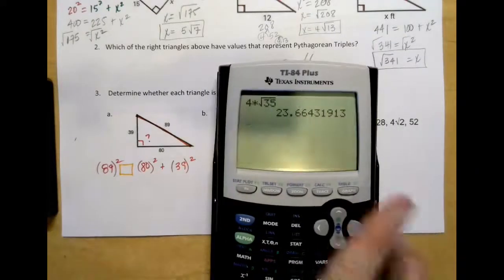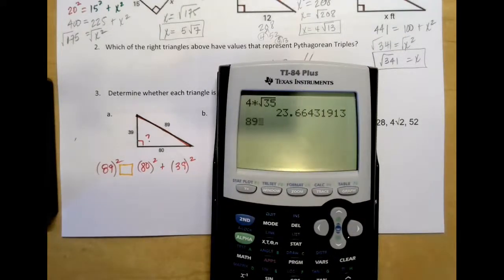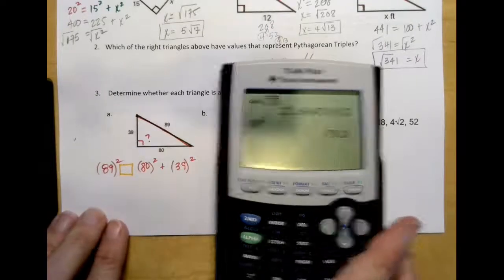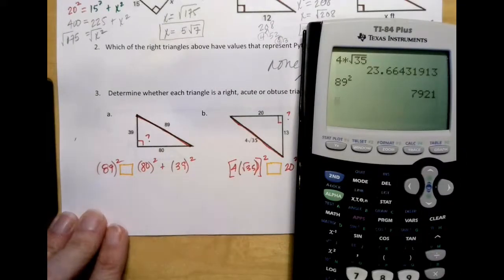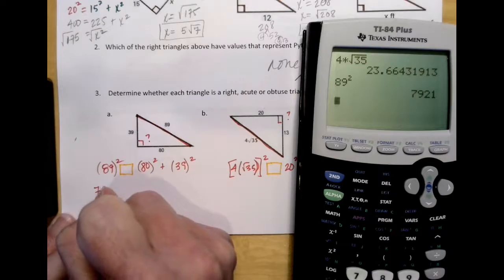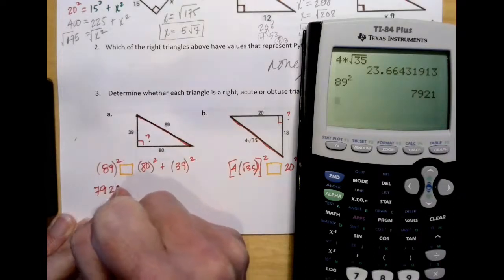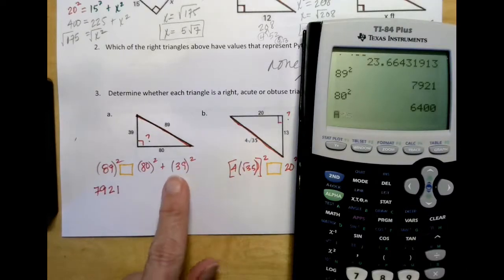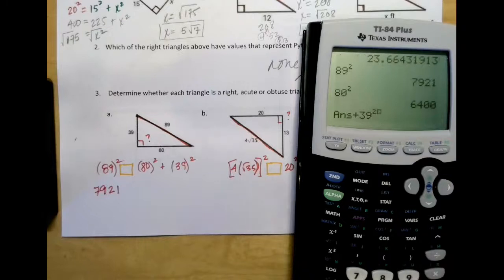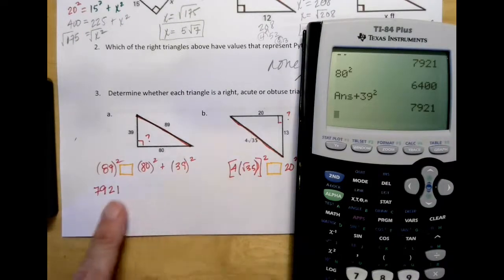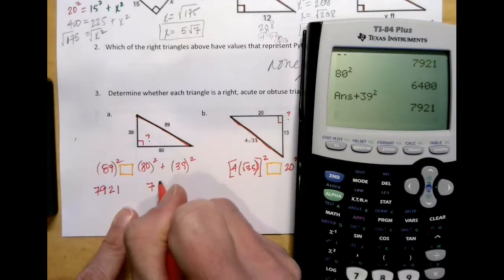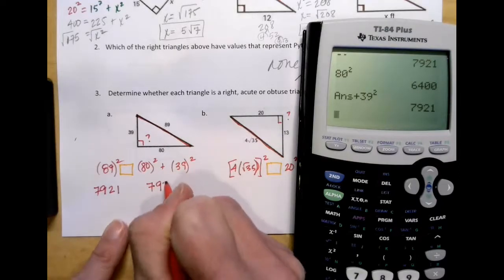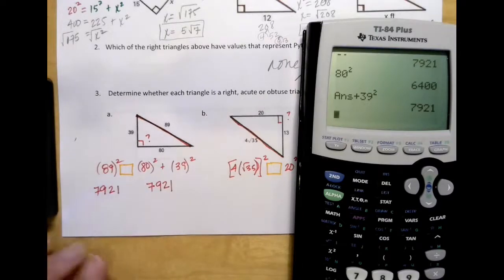So we'll get our calculator, and 89 squared is equal to 7,921. 80 squared plus 39 squared is equal to, oh, check it out, 7,921. So guess what?